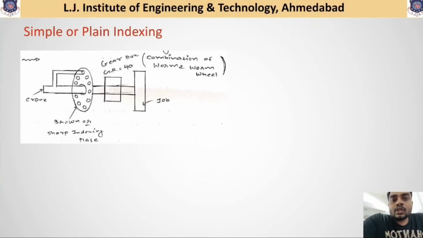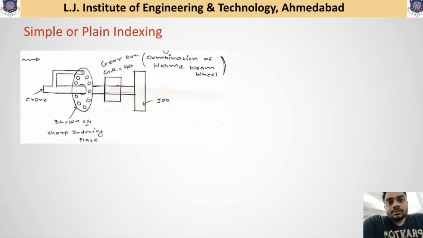That means rotation of the crank results in rotation of the worm gear, and this worm gear rotates the worm wheel, and the worm wheel rotation gives the final rotation to the workpiece. So when we rotate the crank 40 times, the rotation of 40 complete revolutions of the crank results in 1 complete revolution of the workpiece. That is the major interpretation of this gearing box having gear ratio 40.